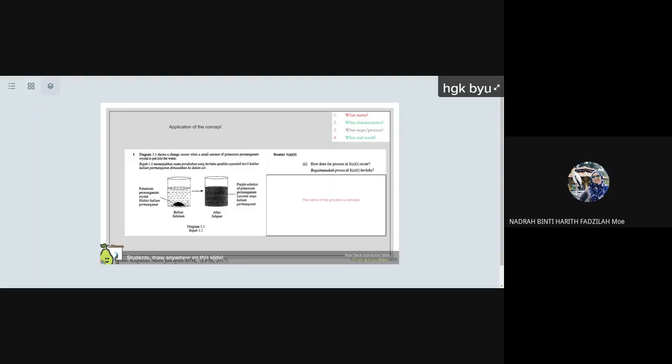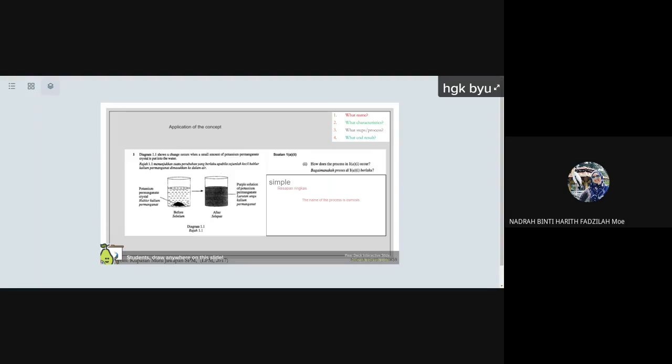Dalam rajah ni anak-anak, mula-mula kawasan yang warna hitam tu satu tempat saja kan. Tapi at the end of the process, seluruh beaker tu jadi warna hitam. So proses yang berlaku dekat situ, yes, resapan ringkas. Kita tak boleh kata proses osmosis berlaku sebab tak ada membrane kat situ.